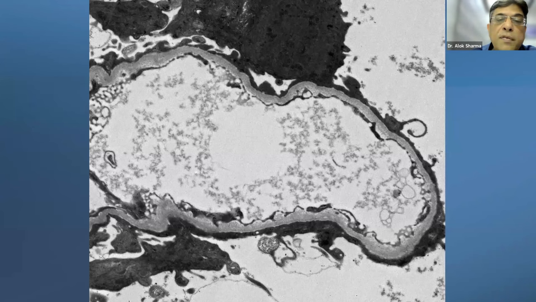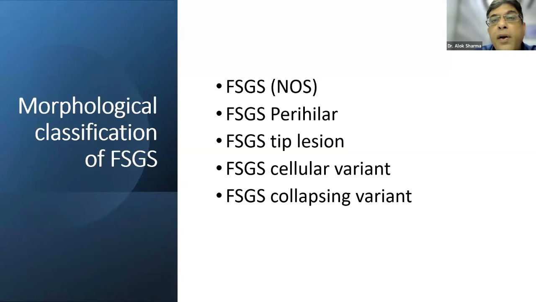There is a big difference in the meaning of this diagnosis, because a primary FSGS would be treated with first-line steroids, then second-line drugs, and then there are third-line drugs. But once you know there is a secondary FSGS, you will not treat it. Rather, you would try to focus on the lesion or the reason why that secondary FSGS has developed. So the whole approach to the treatment would change when you call it primary versus secondary.